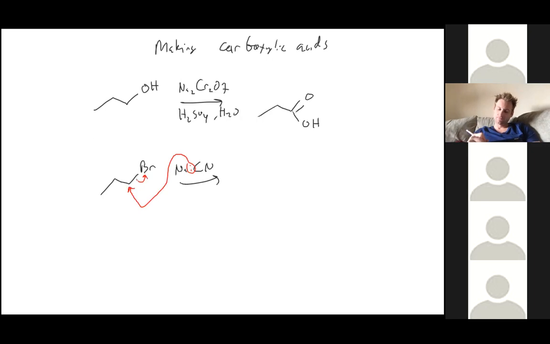Kick out this bromine, make a nitrile. From this point, if we add in H3O+ and heat, and we're going to go through this mechanism a little bit later today, this is going to let us take a nitrile and change it into a carboxylic acid.